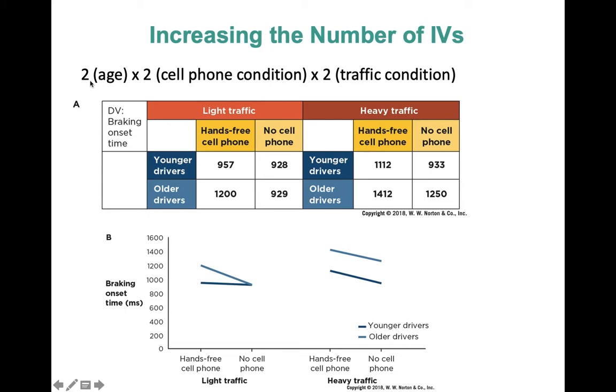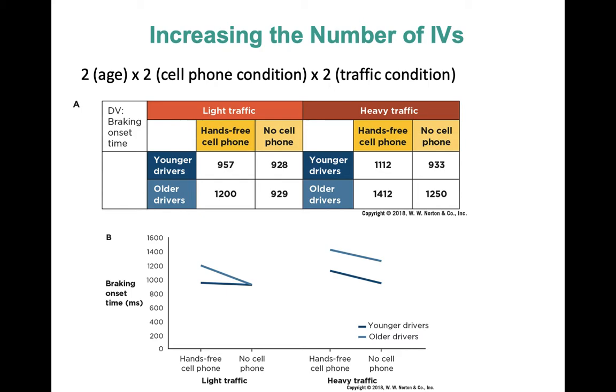Okay, so you can see that we've got 3 different variables, 2 levels. Okay, this is designating 2 levels of each variable. What if we had hands-free, hands held, and no cell phone? So what if we had 3 levels of cell phone condition? We'd have a 2x3x2. Okay.